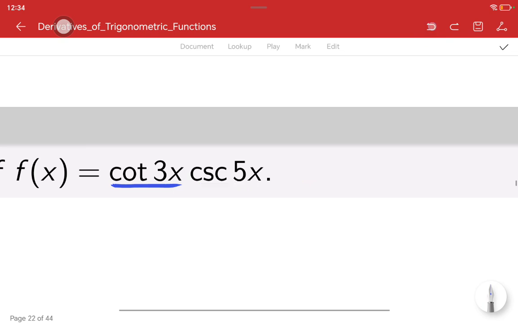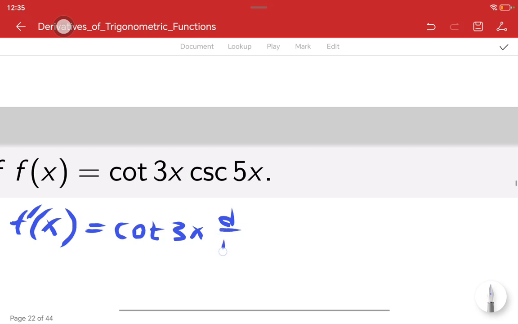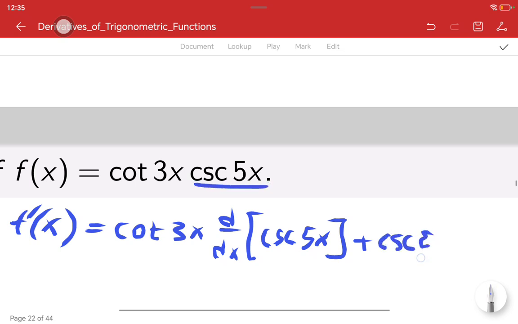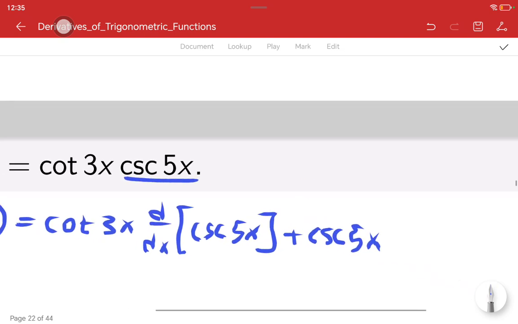So when I want to find f prime of x here, I first consider this as a constant. So it means I'll say cot of 3x, then I derive this other one, then I add, then I consider this as a constant, then I derive the other one.